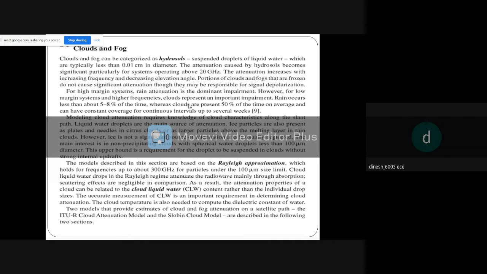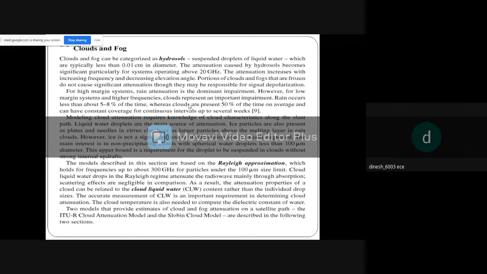As a result, the Rayleigh approximation comes into the picture, where the particle size would be 100 micrometers for frequencies up to about 300 gigahertz. We call this property of the cloud CLW, cloud liquid water.